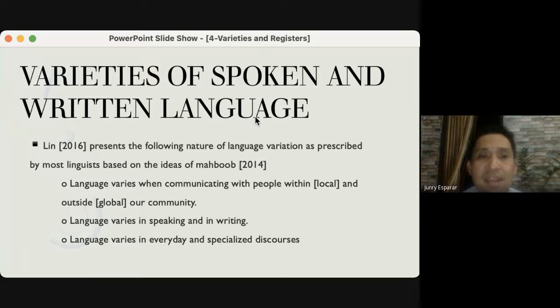Language varies in everyday and specialized discourses. Of course, when you're discussing something in the academic setting, the language is different from what is used in day-to-day conversation, right? We use a lot of slang words or different types of casual expressions when we are communicating in everyday life. For example, the use of wanna and gonna.